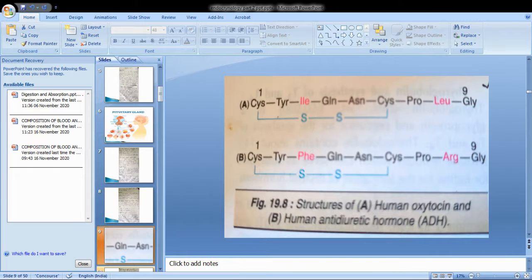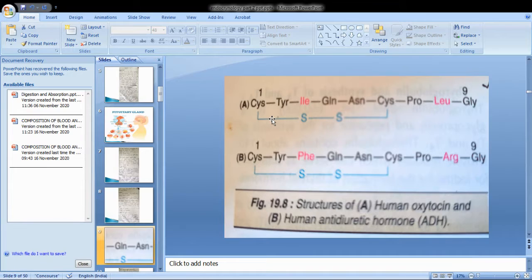As I said earlier, I will show you the diagram. See here, growth hormone from all mammalian species consists of a single polypeptide chain with a molecular weight of about 21,500. It consists of 191 amino acids.